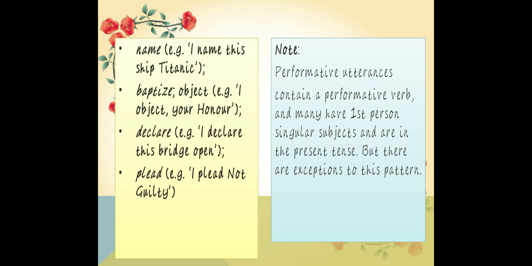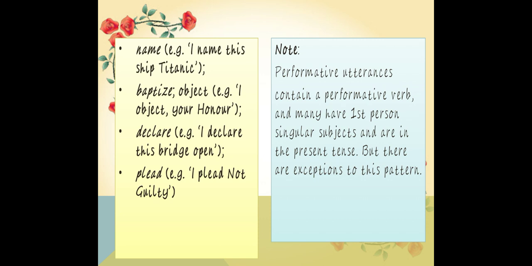And then, many good examples of performative verbs occur in standardized and stereotyped formulas used in public ceremonies. Performative utterances are also used in the formulas of conventionalized public and social occasions, like name. For example, I name this ship Titanic.